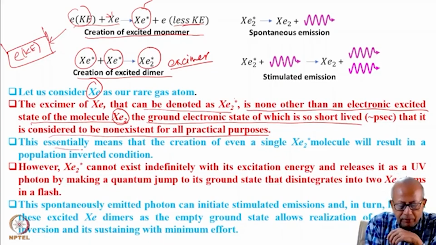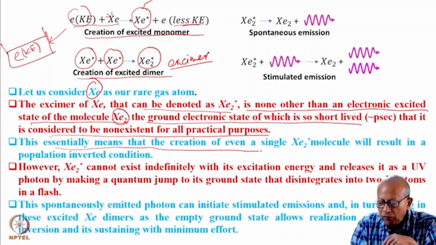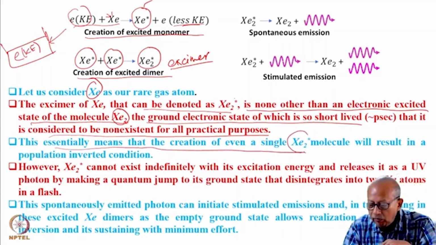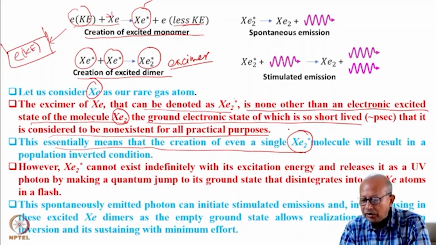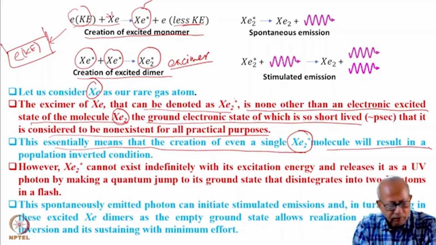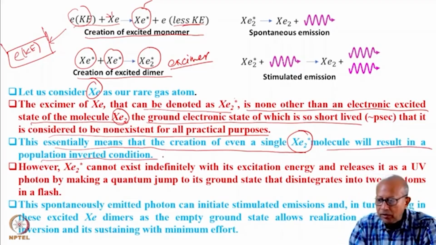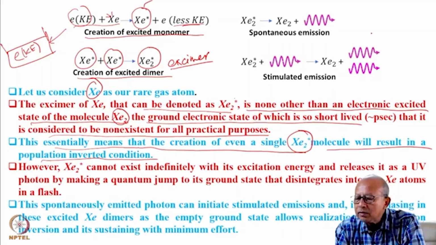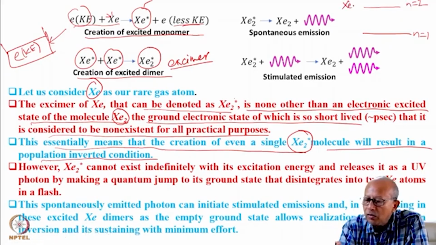This essentially means that the creation of even a single Xe2 molecule in the excited state will result in a population inverted condition. So this is the ground state, n equal to 1. This is the excited state, n equal to 2. So you have created Xe2* here.